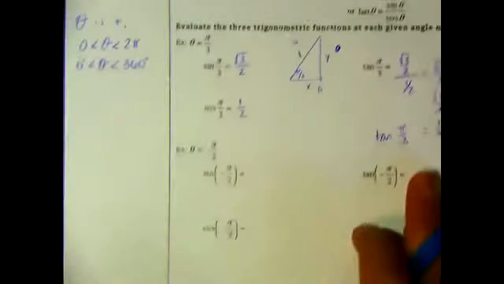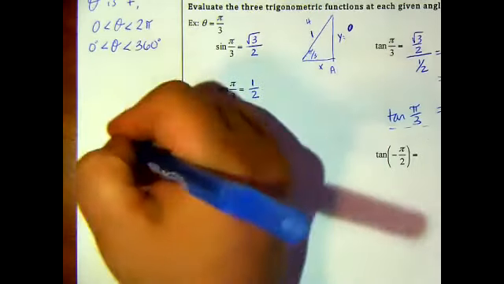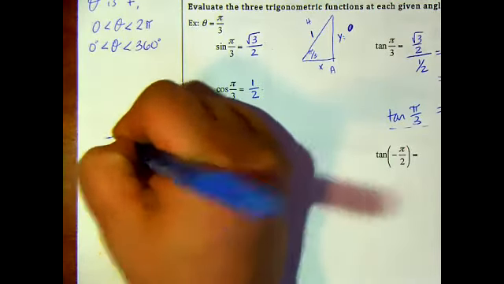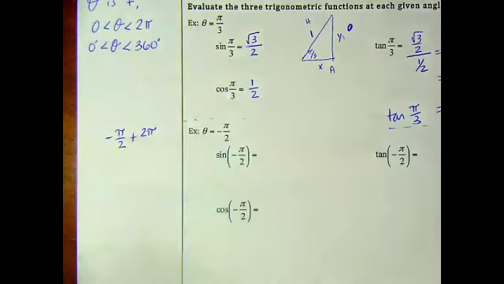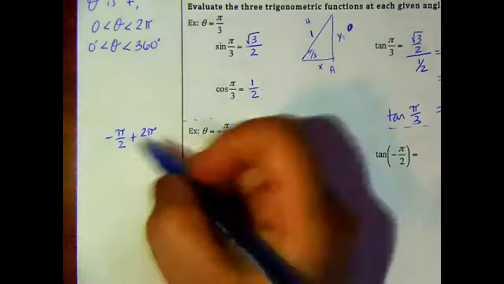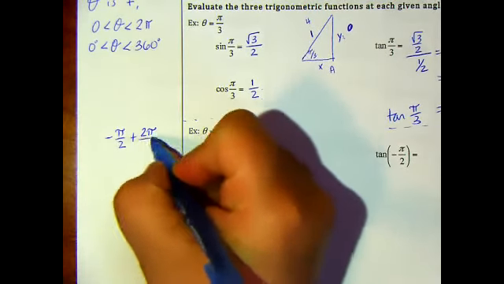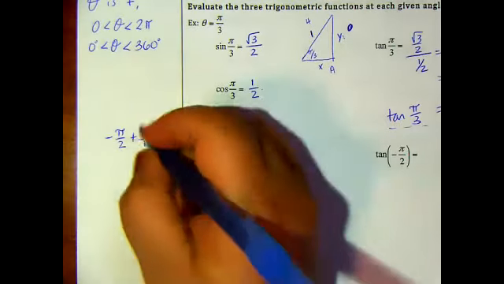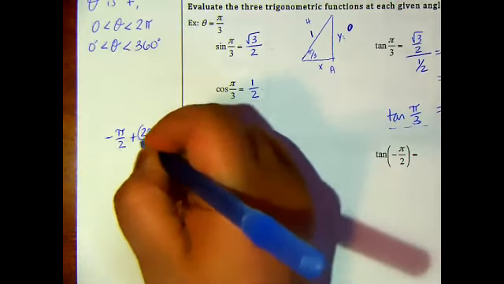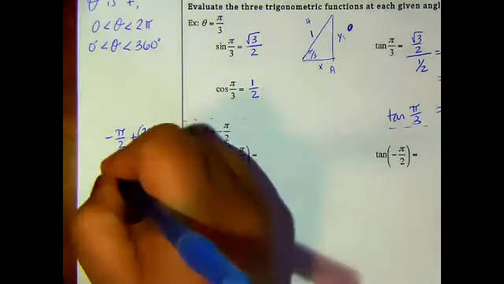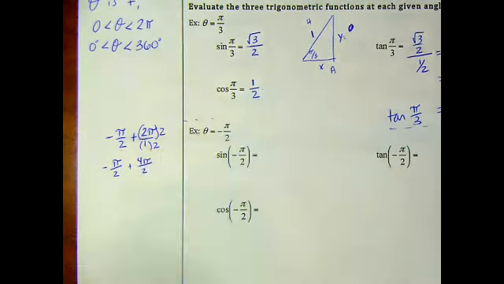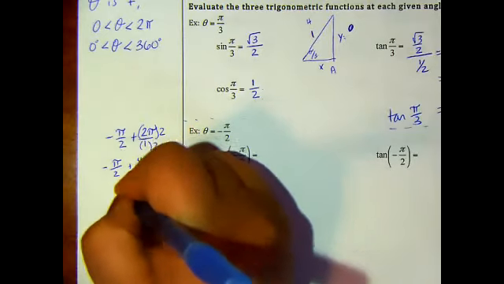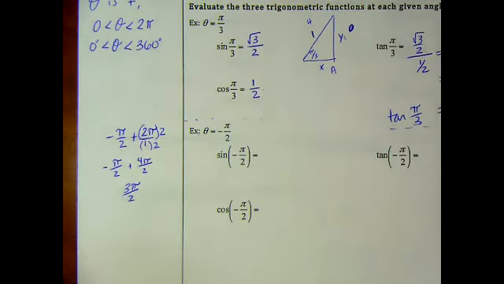If I wanted to figure out the positive angle here, I'm going to add 2 pi to it. Well, 2 pi over 1, I need a common denominator, so I'm going to multiply top and bottom by 2. So this will be negative pi over 2 plus 4 pi over 2, which gives me 3 pi over 2.